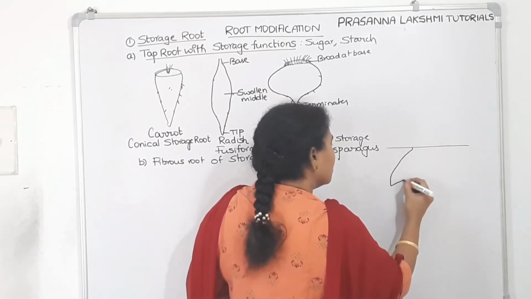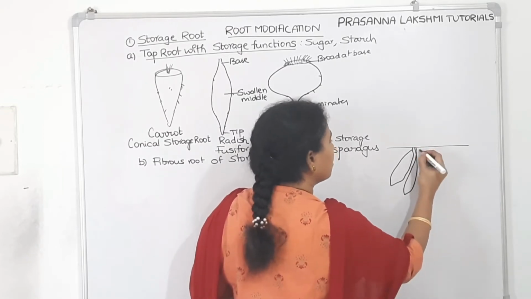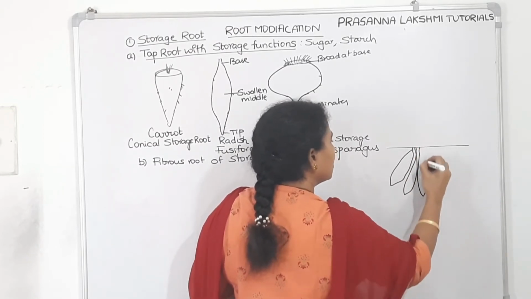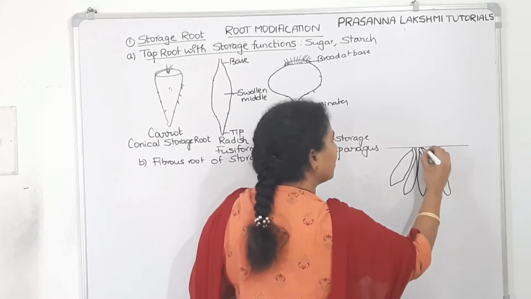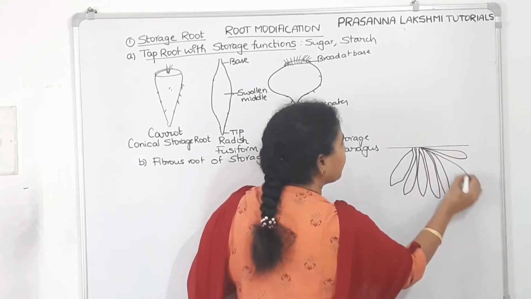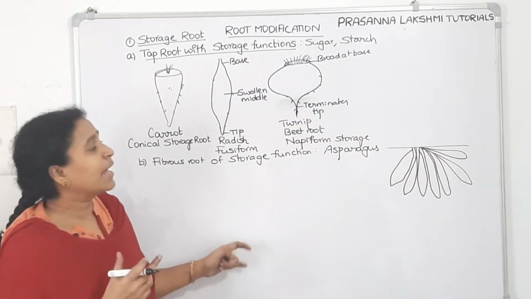Now this fasciculated root, this fibrous root also has stored the food. This also has stored the food. All the tufts are storing the food. Such an appearance is called fasciculated. They are irregular.